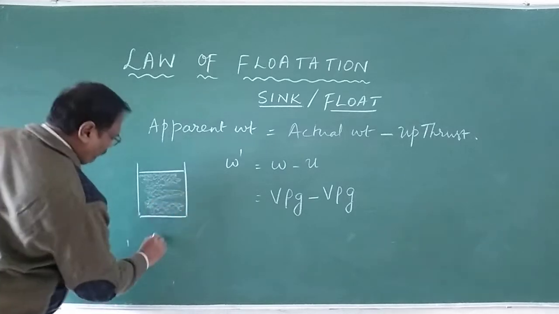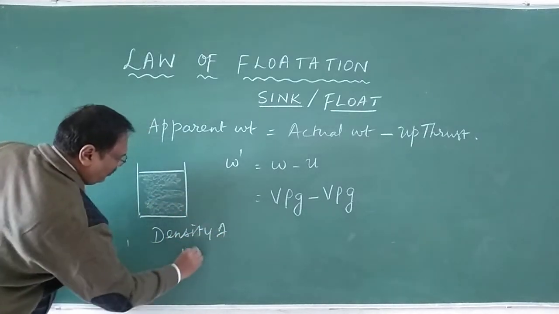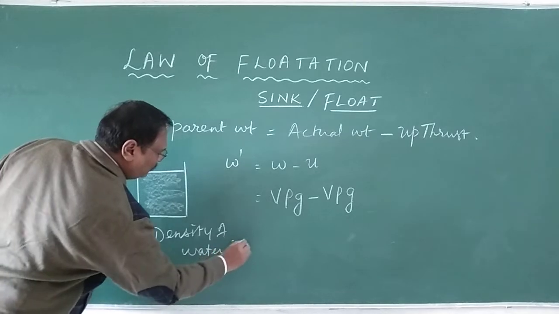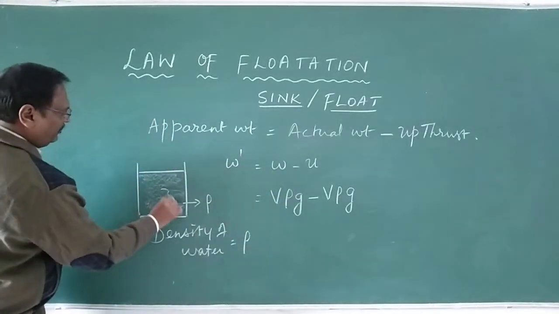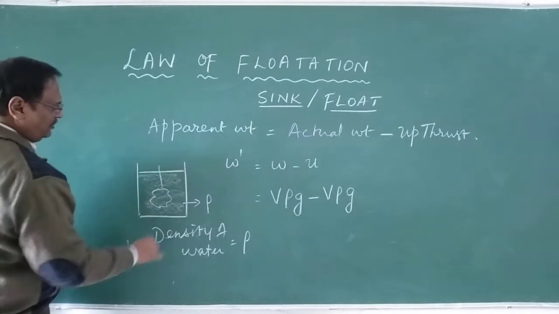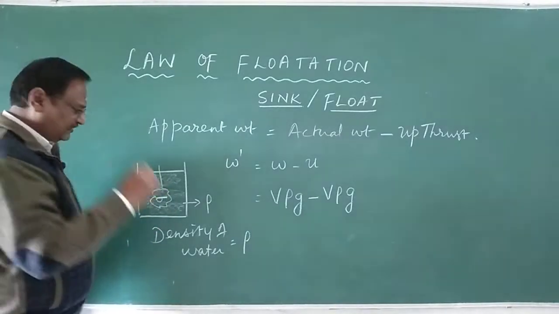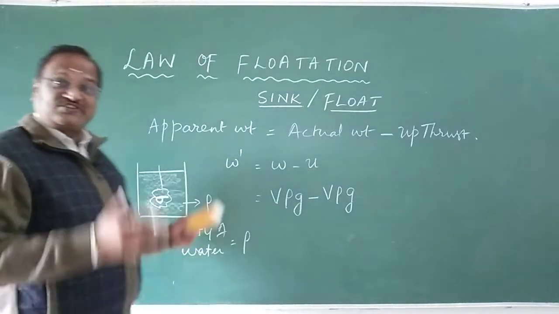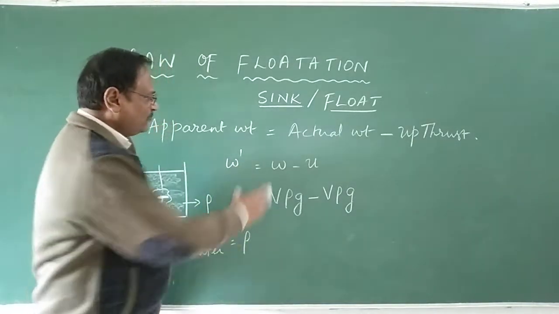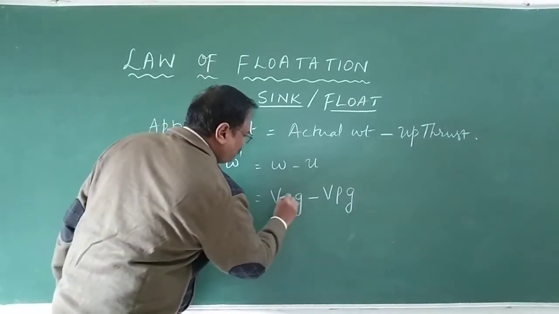The density of water is equal to rho. Now I take the body and immerse it. The density of the body, the density of the stone or whatever object I have taken, is sigma. So the weight of the body will be V sigma G.